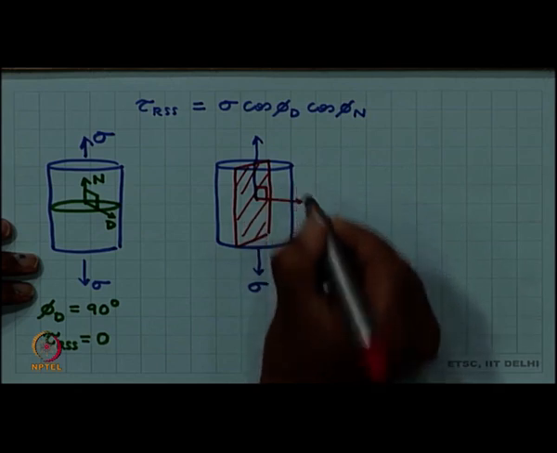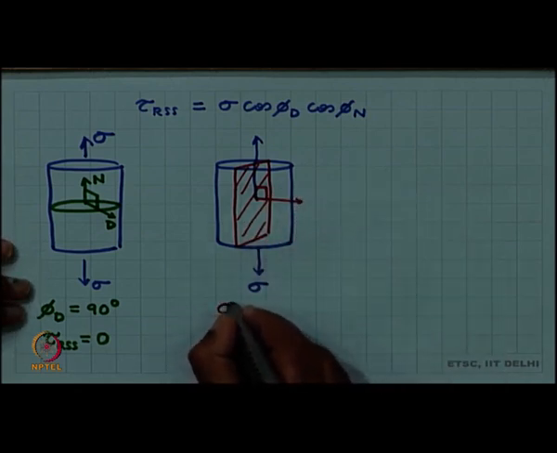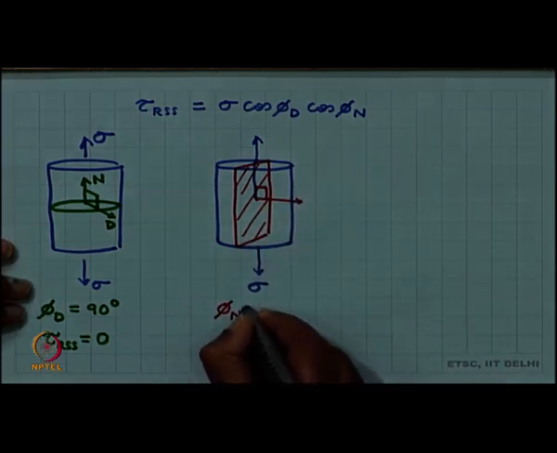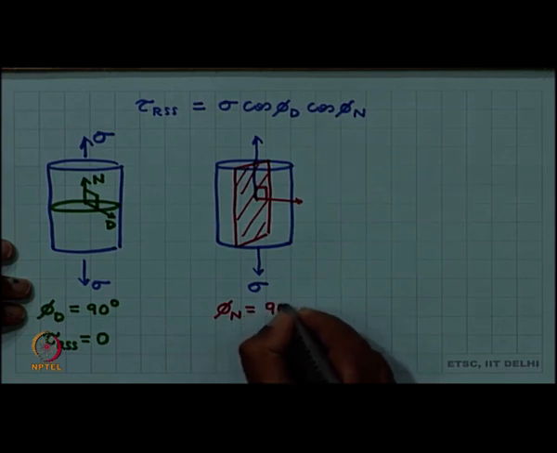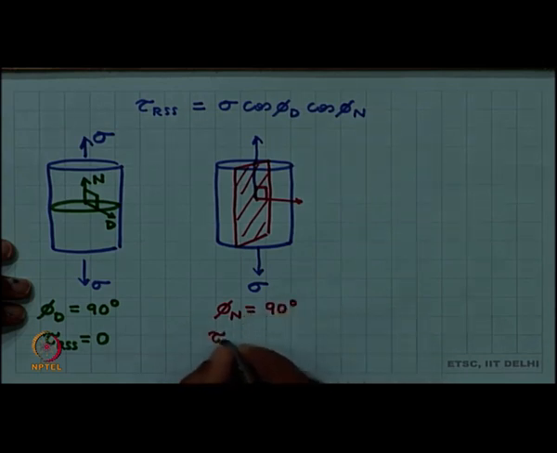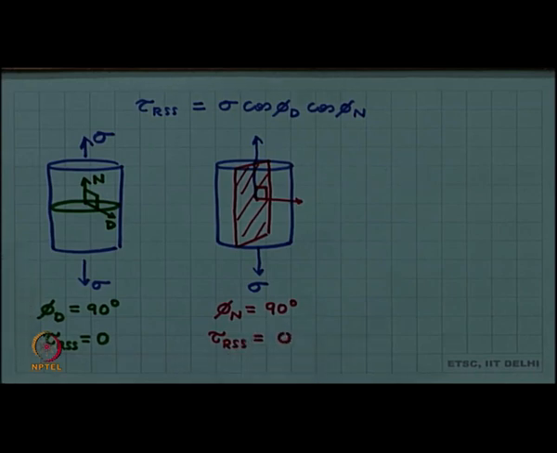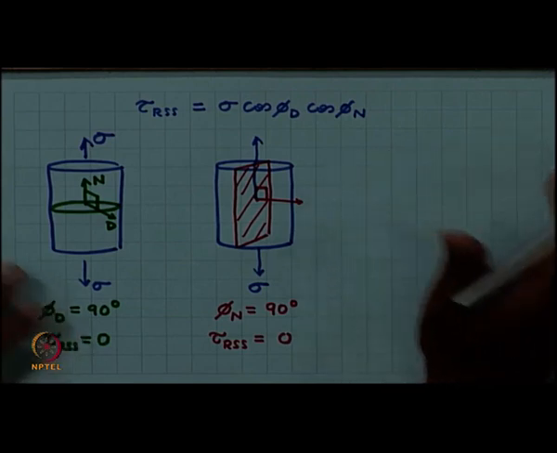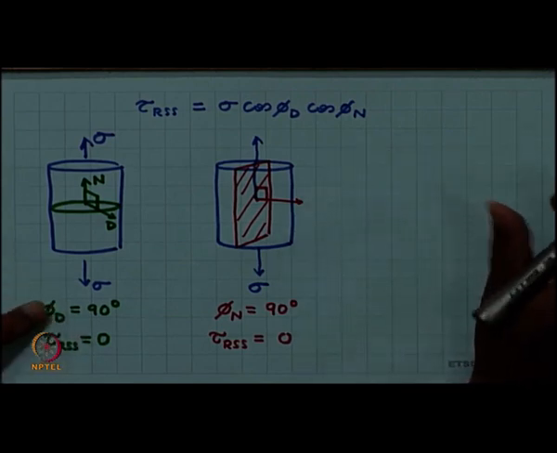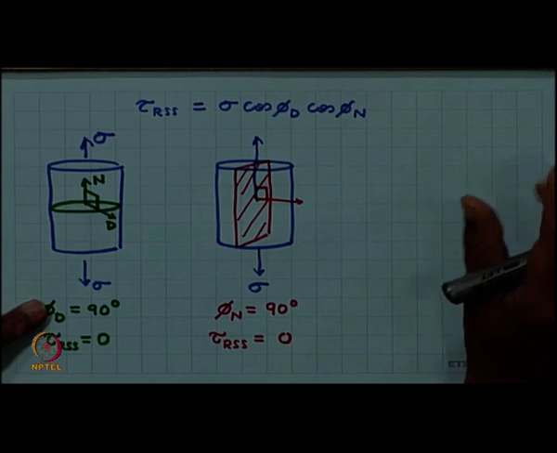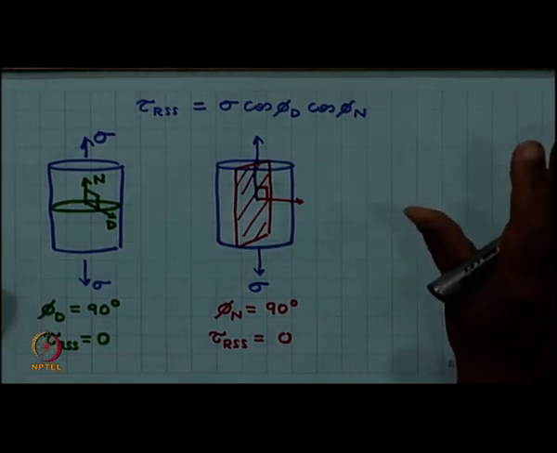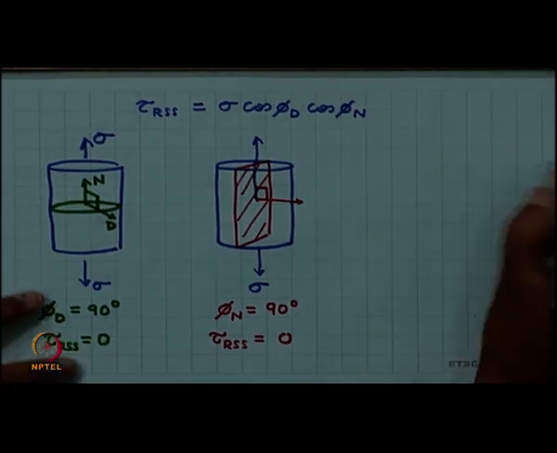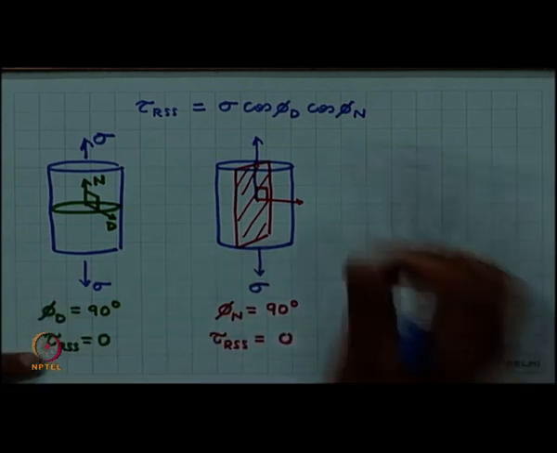So, now phi n, irrespective of phi d, will be 90 degrees and tau RSS will again be 0. So, in fact these are the only two planes for which the resolved shear stress has to be 0. On all other inclined planes there will be some resolved shear stress.